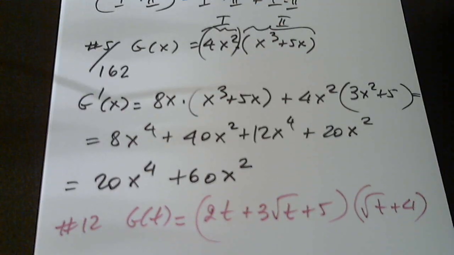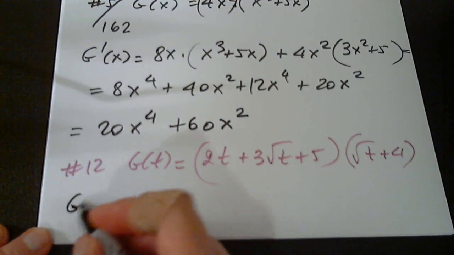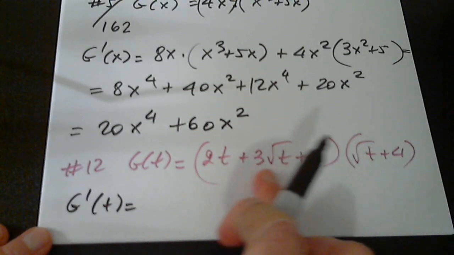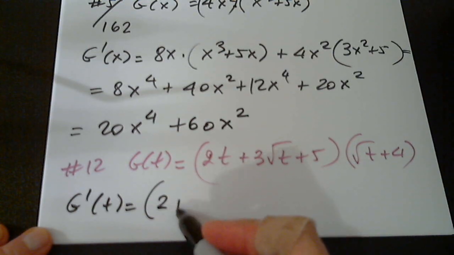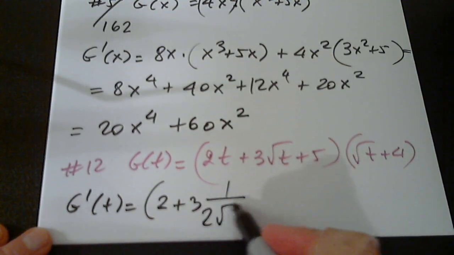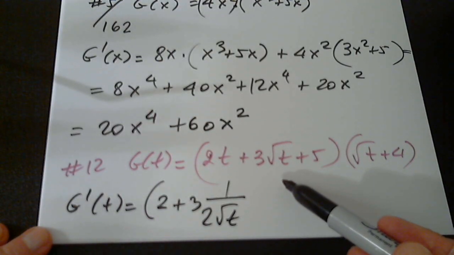I would distribute and then differentiate. But we want to illustrate with the product rule. So g prime of t equals, when we differentiate this, 2t prime is 2 plus 3. When I differentiate this, remember the shortcut. Do not change the square root of t into t to the 1/2. It's not a mistake, but it's.